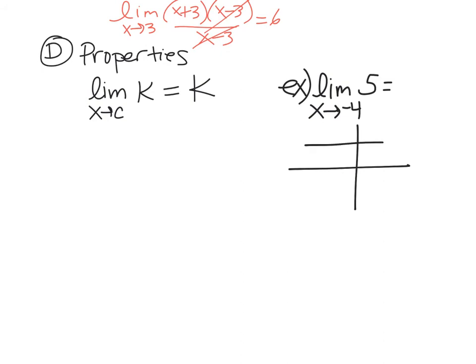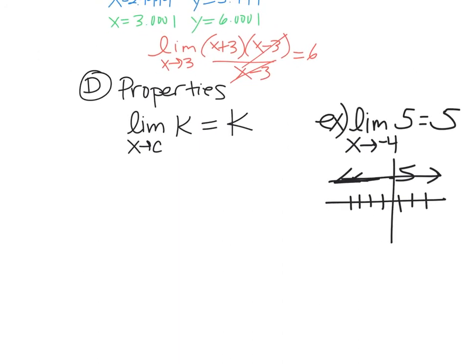Y equals 5 is just a horizontal line. As I take the limit as x goes to -4, guess what y is approaching? 5. It's always 5. It doesn't matter if x is approaching 3 or 12 or 1,000. Y is always 5, so that's what the limit is going to be. So anytime you're taking the limit of a constant, it's just going to equal that constant.